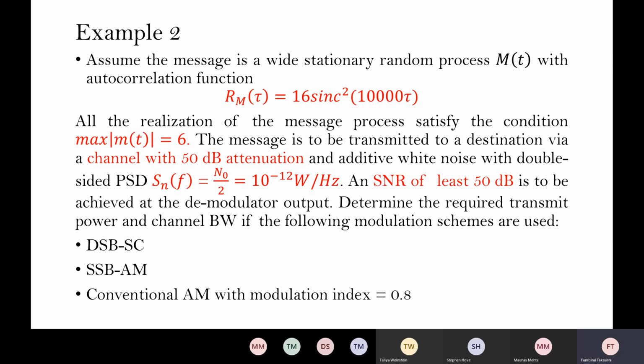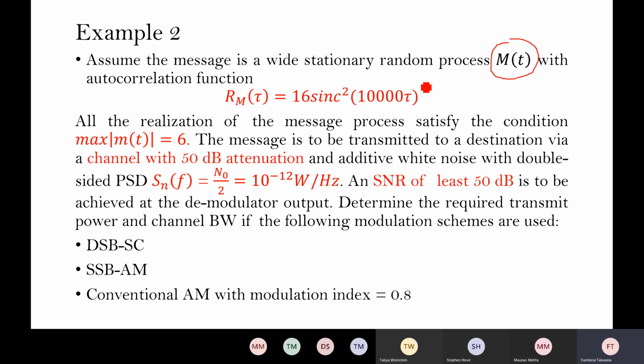Okay, right. Let's look at an example. This is a slightly complicated example. In this example, we have a message M of t that we need to transmit. So this is our baseband signal.